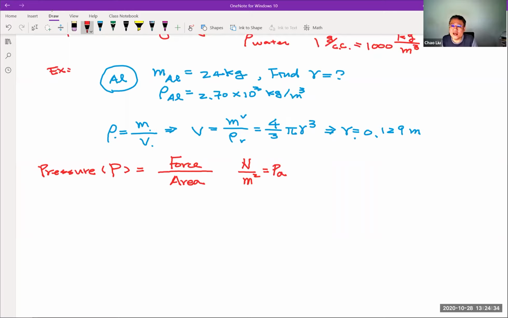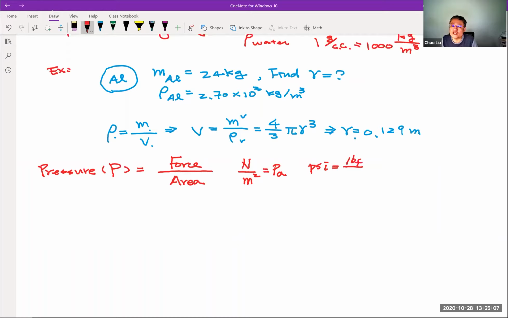Another unit system, the US unit system, also has a similar one, the so-called PSI. You've probably heard about PSI a lot. Our water pressure is also in PSI. I don't remember the number, but I think the water pressure is about 20-something. PSI represents pound force.